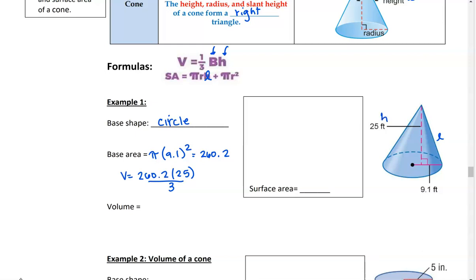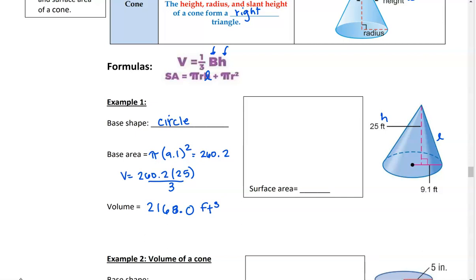We multiply those and divide by 3, and we wind up with 216.8 rounded to the nearest tenth. Our units would be feet cubed.